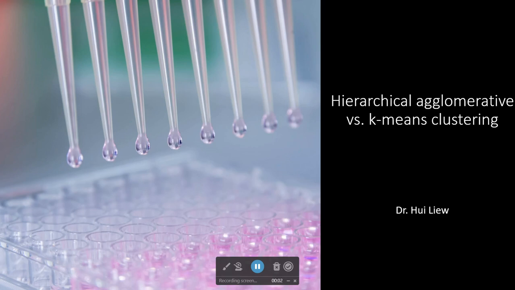Depending on your field or discipline, hierarchical agglomerative clustering and k-means clustering may be the more commonly used clustering methods.